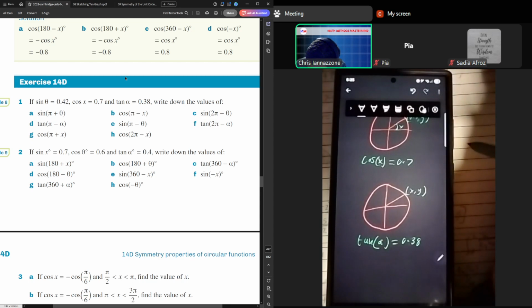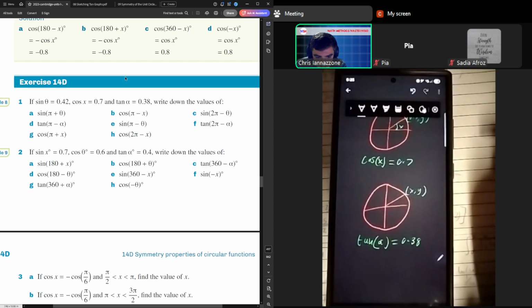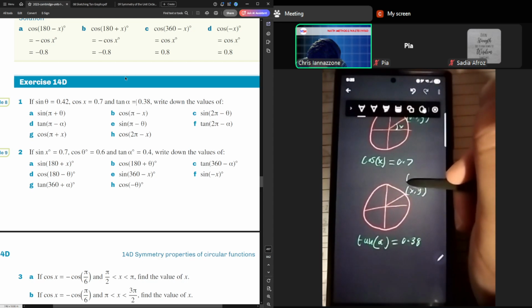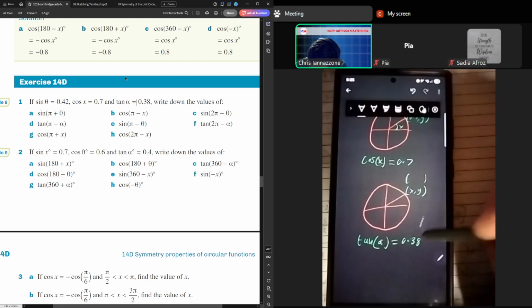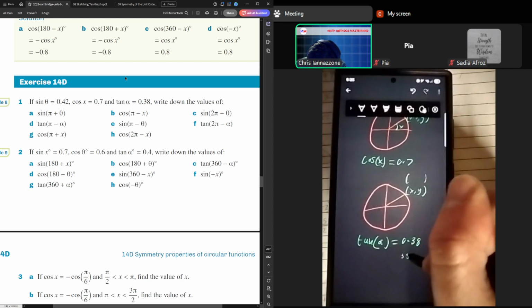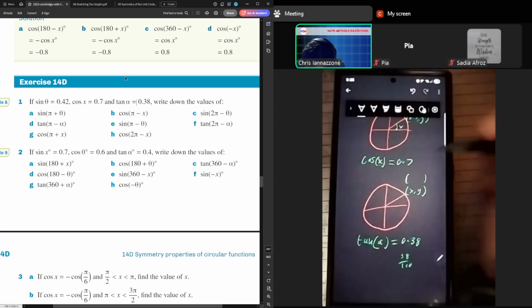That's my preferred approach. Or if you like to actually have the information embedded in the unit circle itself, one thing you can do that's technically wrong, but still useful, is you think about this as 38 over 100, right? So 38 over 100. That means your sine is 38 and your cos is 100.